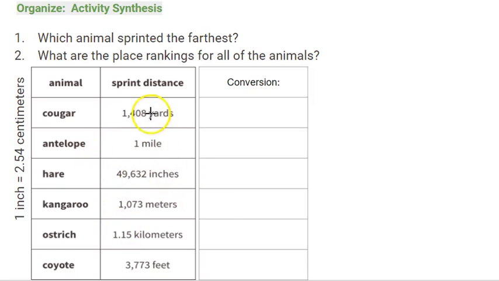So what we need to do is to convert them all, not necessarily into inches, but we got to get them into something that's the same. So it doesn't matter what method you used for this, but the simplest thing would be to put these into probably feet would be the closest thing, right?